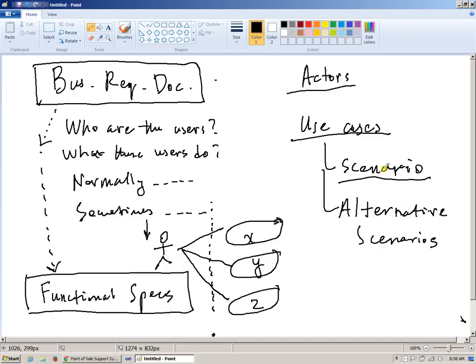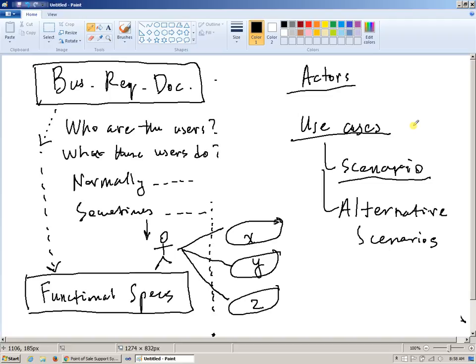are driven by things such as preconditions, post-conditions, and other types of information which are relevant to our business domain.